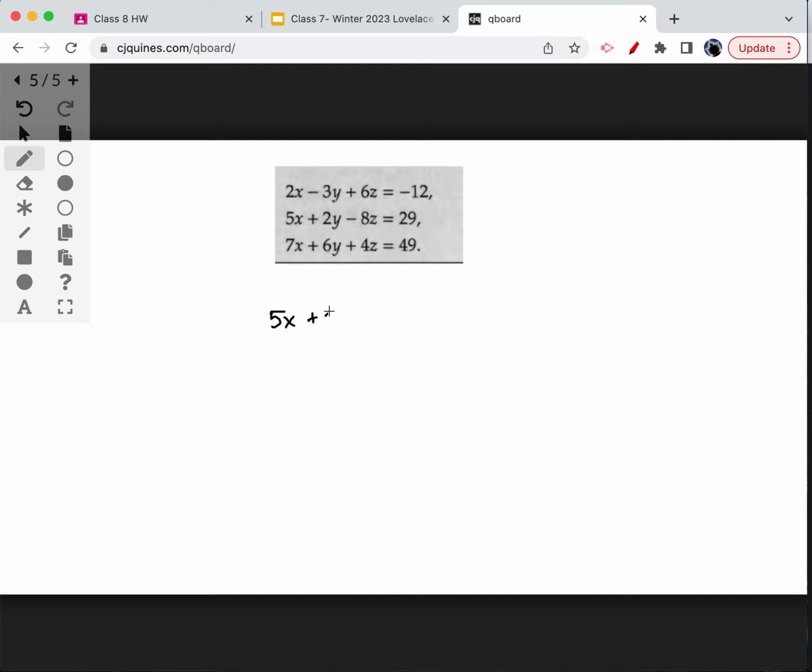Write down 5x plus 2y minus 8z is equal to 29, as well as 7x plus 6y plus 4z is equal to 49. So multiply this entire second equation by 2 to get 14x plus 12y plus 8z is equal to 98.